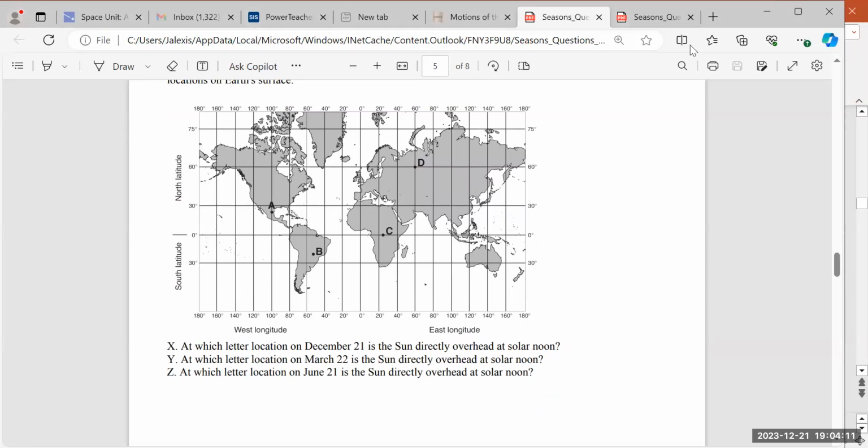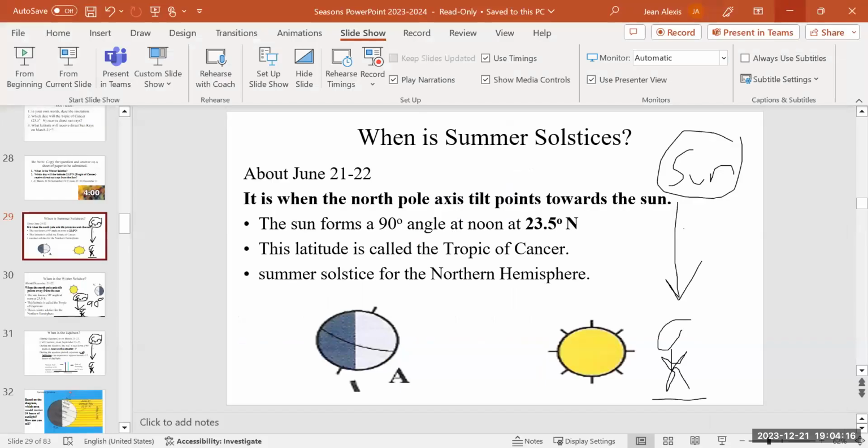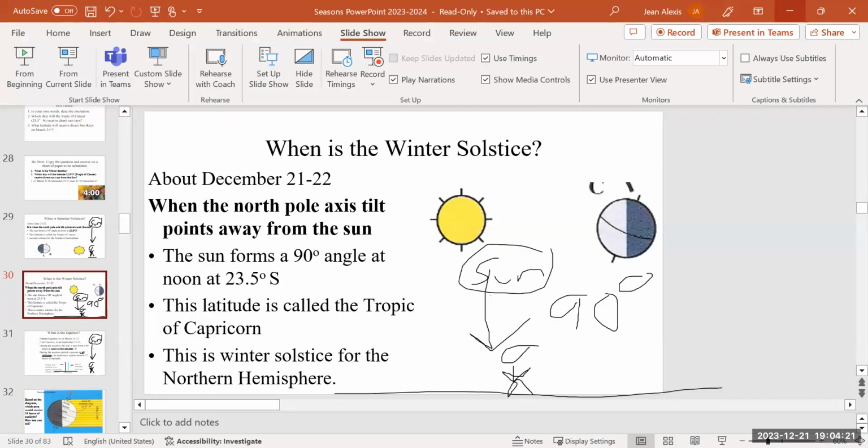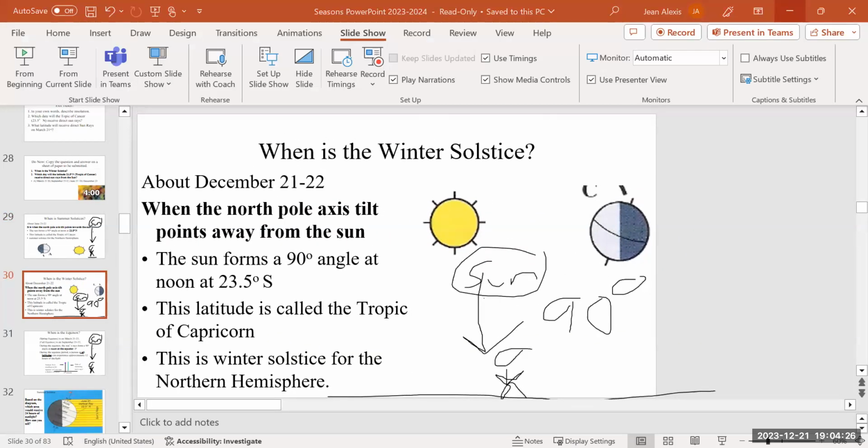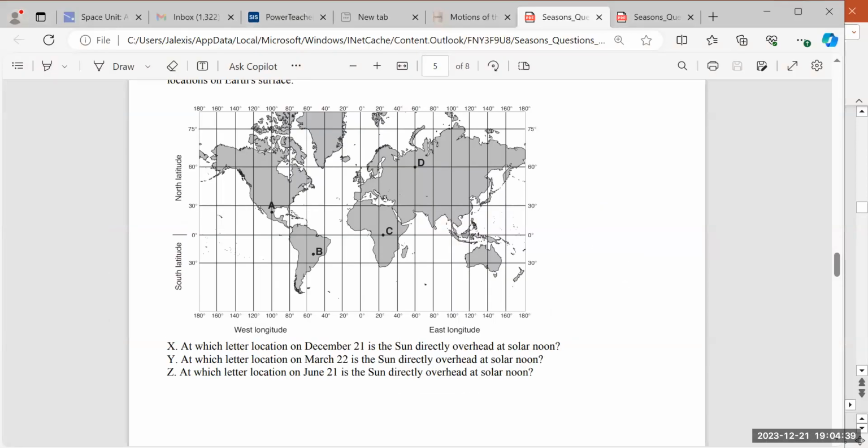There's only one latitude on December 21st where the sun is directly overhead. On December 21st, the latitude where the sun is directly overhead is 23.5 degrees south. So that's something we've got to keep in mind. So I'm just going to write here, December 21st, the latitude is 23.5 degrees south.